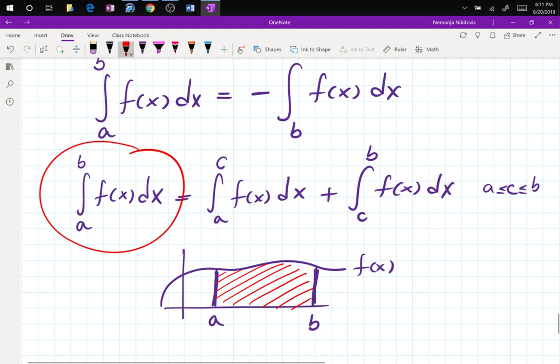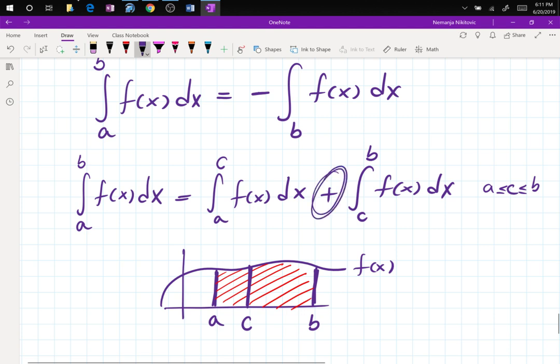Now, you are allowed to come up with any value c between a and b and make the cut anywhere. Now, what happens here is you come up with two separate areas, and you can just add those two separate areas to get the large area.